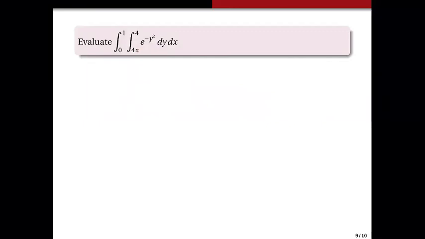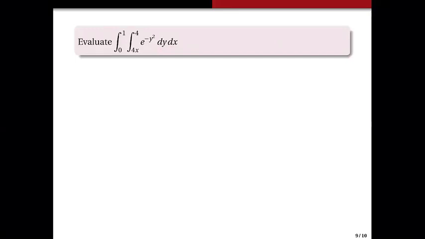Just like the previous problem, this is not easily integrable. We cannot integrate this using the techniques we have learned so far. But maybe if we change the order of integration, something good will happen.